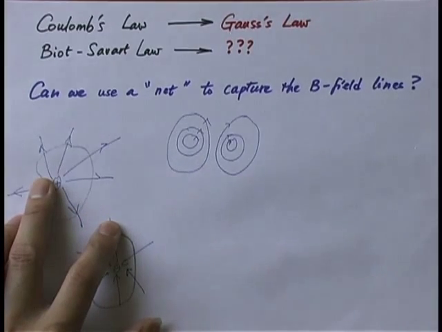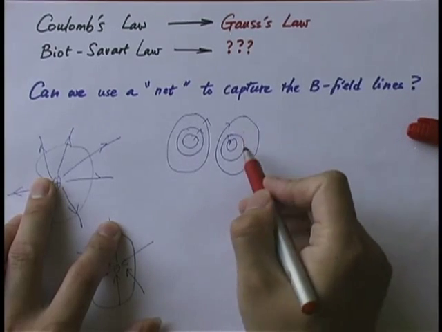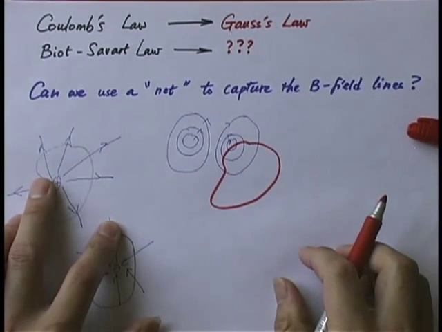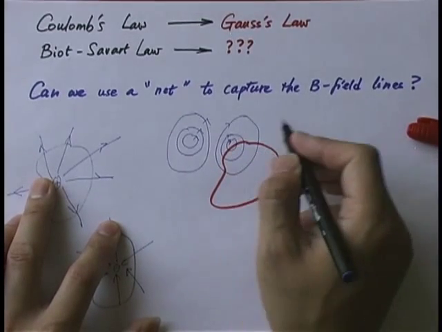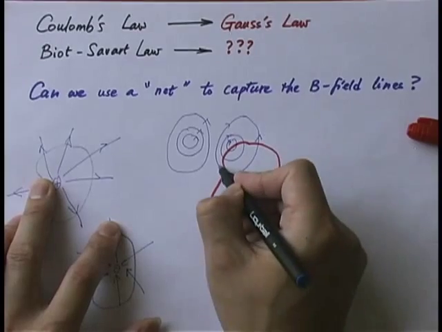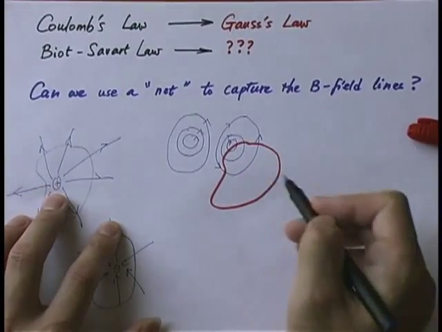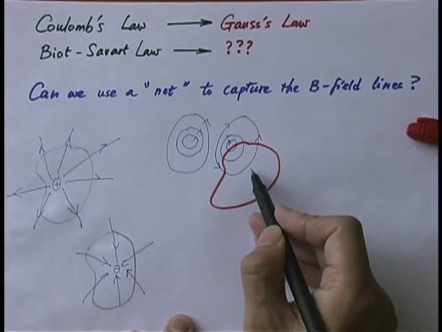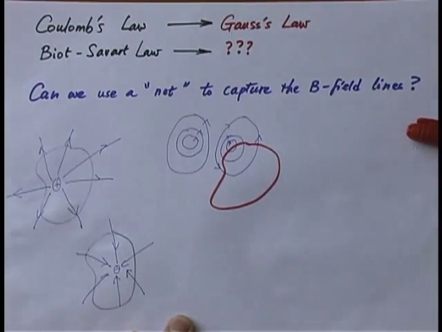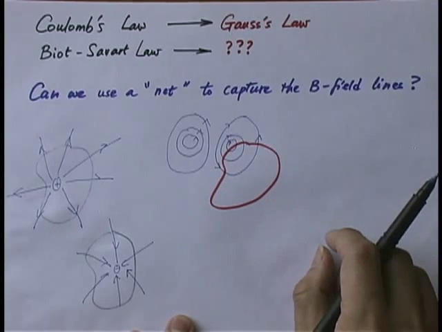Now if that is the case, imagine if we try to capture that loop with a Gaussian surface. Do you think that's going to be successful? Well, look, every time it gets out, it must also go in, right? Because it has to be self-enclosed. It doesn't start somewhere, it doesn't end somewhere. You cannot capture a positive magnetic monopole or negative magnetic monopole because they do not exist.